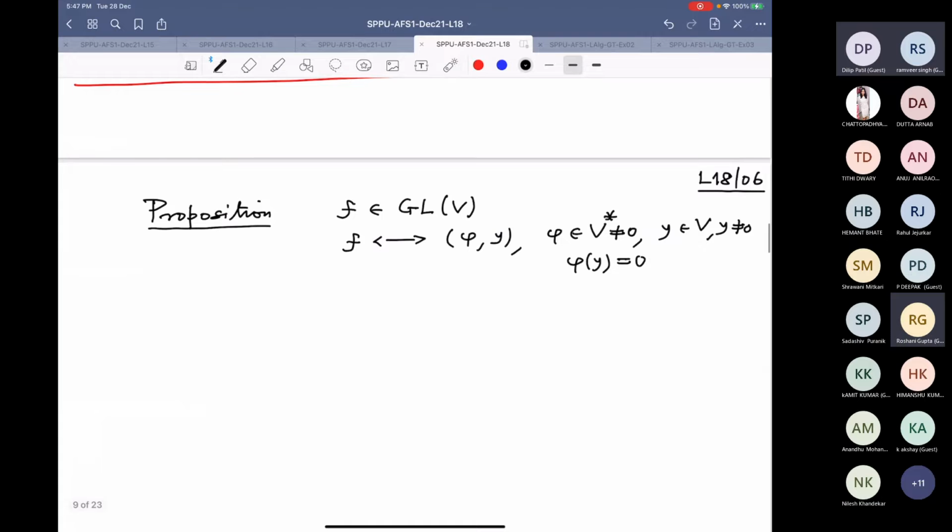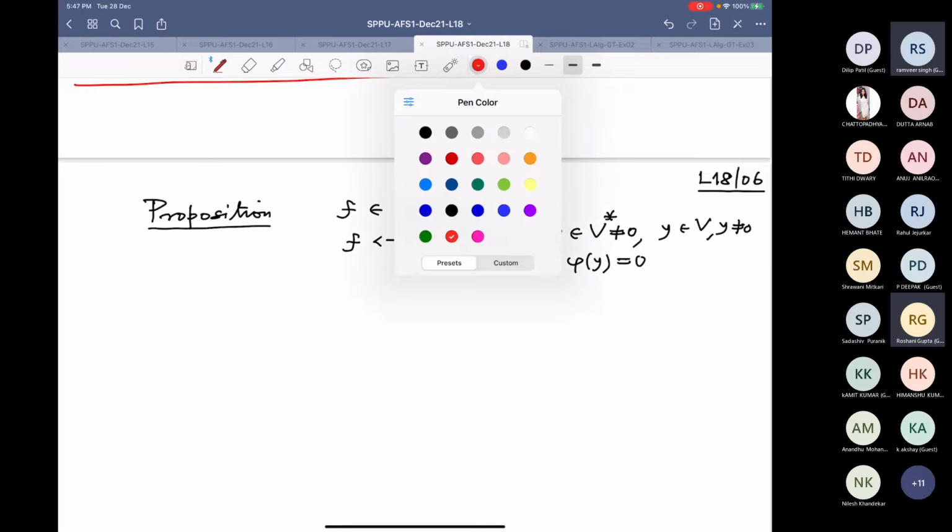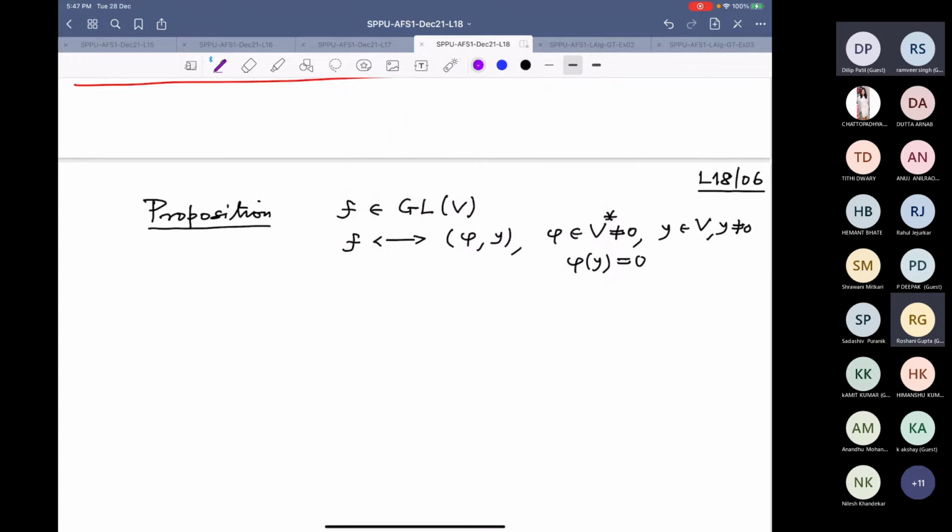So that means I should tell you the formulas with these pairs. And I am writing in general now, not necessarily with this condition. This is just to remember.